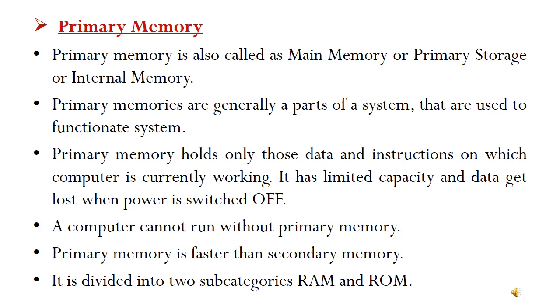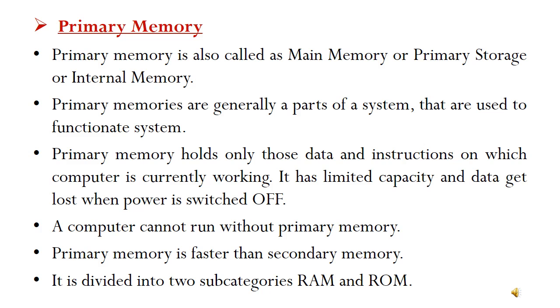It has limited capacity and data gets lost when power is switched off. A computer cannot run without primary memory. Primary memory is faster than secondary memory. It is divided into two subcategories, RAM and ROM.